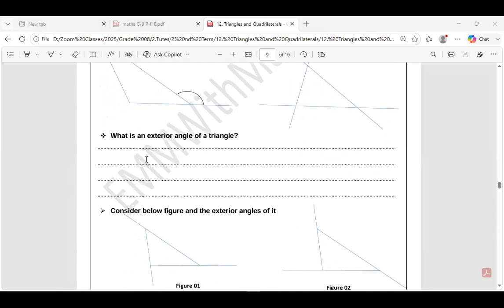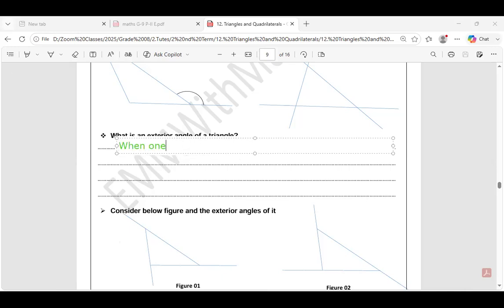Now I have given what is an exterior angle of a triangle. In the exam, if they ask what is an exterior angle of a triangle, you have to write these. Today we are going to, I will type it here.